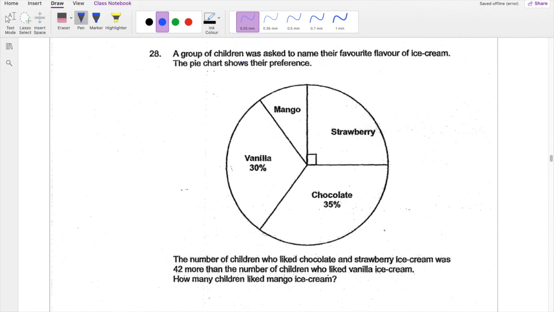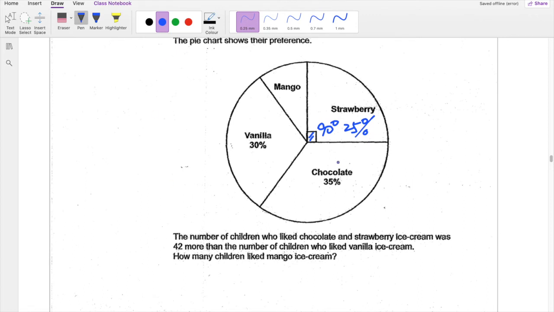Okay, 28. A group of children was asked to name their favorite flavor of ice cream. The pie chart shown here shows their preference. A pie chart is a very important graph, which is able to show the different ratios. From the pie chart, we can see clearly that chocolate might be the largest compared to the mango and strawberry, right? And here we know that this right angle means this 90 degrees is 1/4, which is 25% of the whole chart, right?